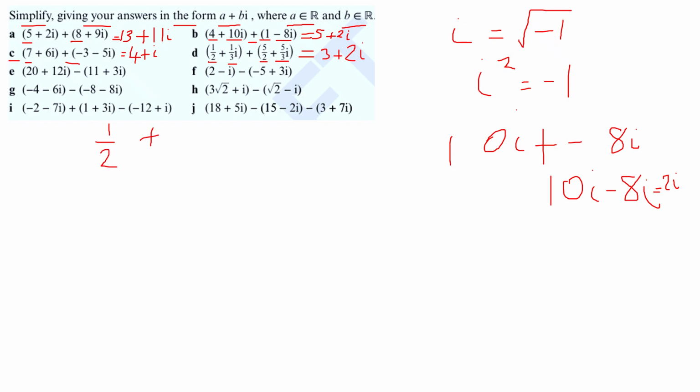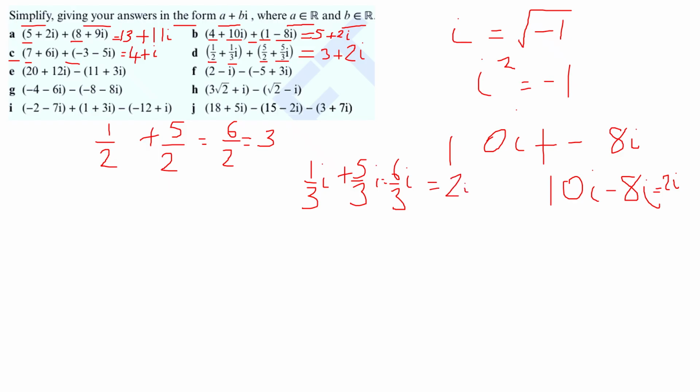What I've done here is just add my numerators. Because I have a common denominator, I just do 1 plus 5 makes 6. So I get 6 over 2, or 6 halves, which is just 3. And similarly, a third i plus 5 thirds i makes 6 thirds i, and 6 divided by 3 is just 2, so we get 2i.